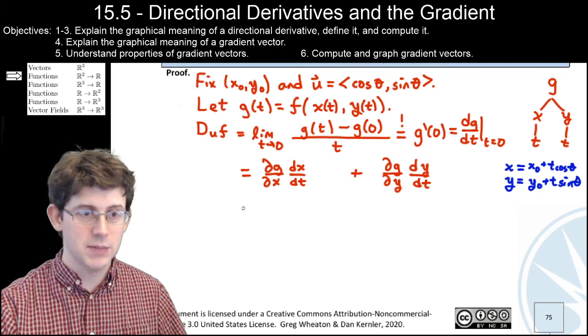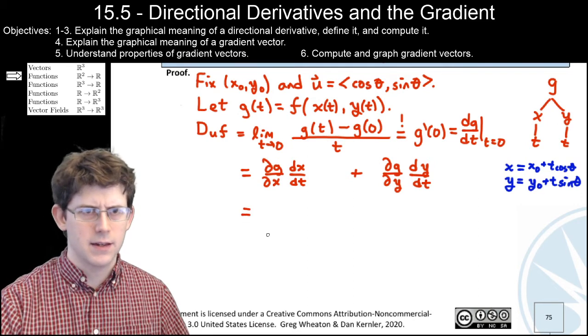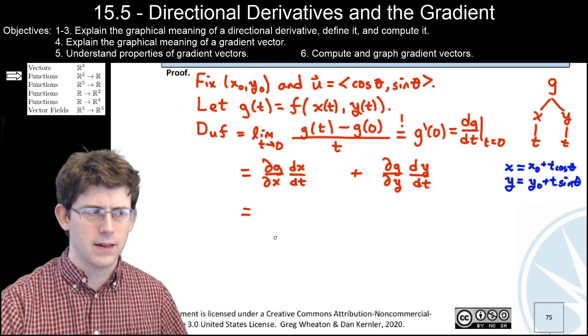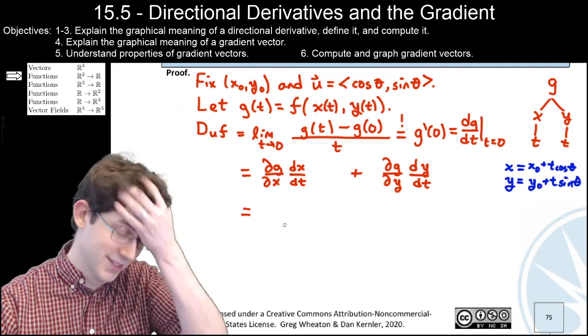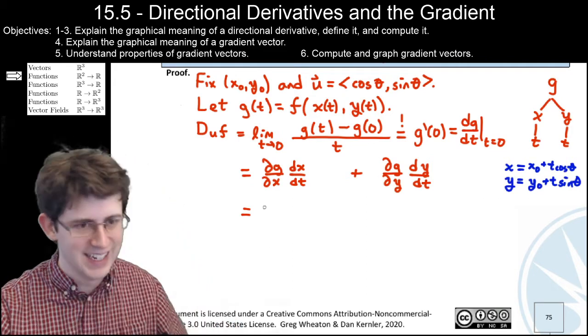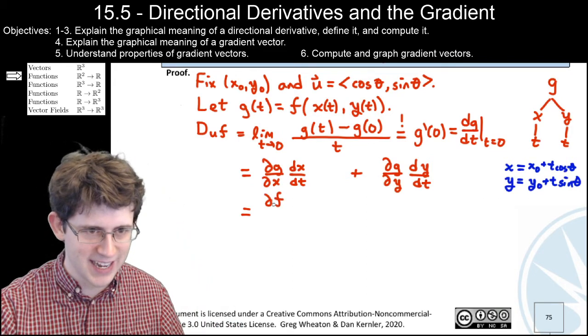Well, partial g, partial x. Oh, g is f. Okay, so this is partial f, partial x.